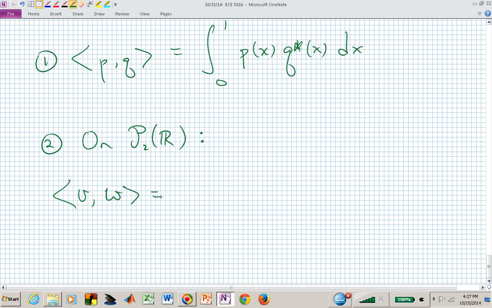Let's evaluate polynomial v at certain locations on the real line. Let's take v at -1 and multiply that by w at -1, and add that to v of 0 times w of 0, plus v of 1 times w of 1.